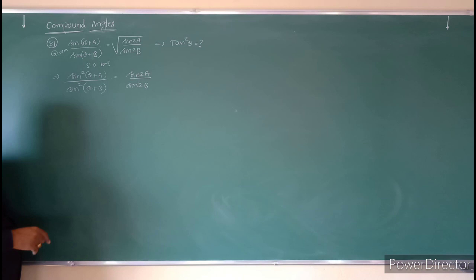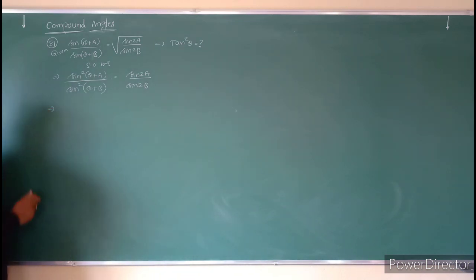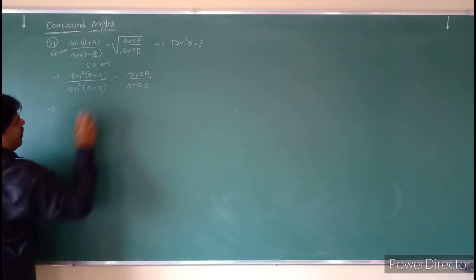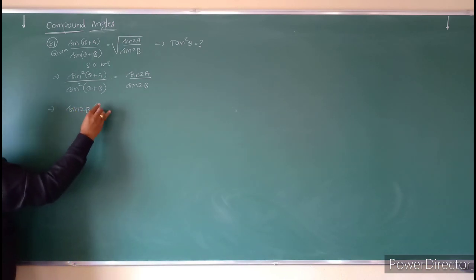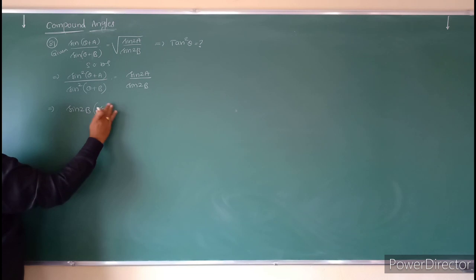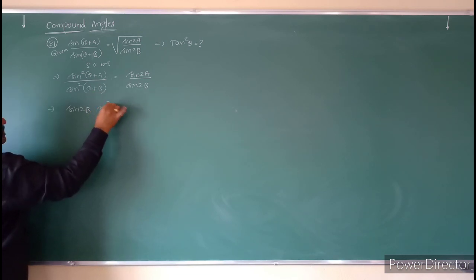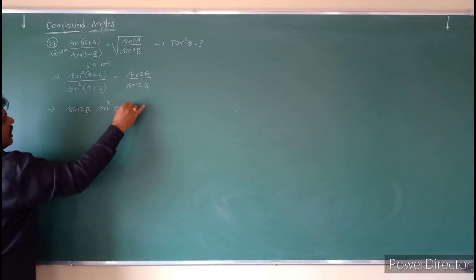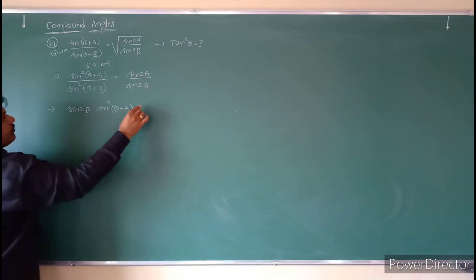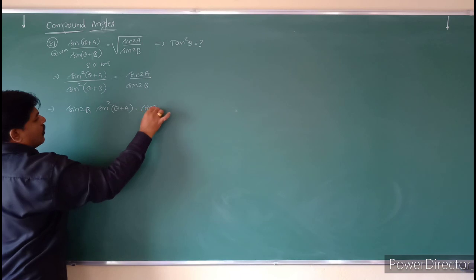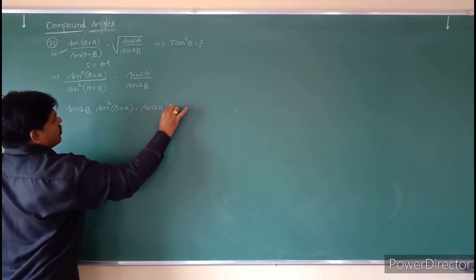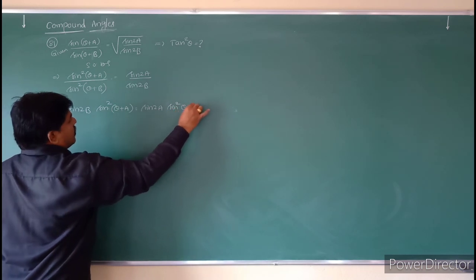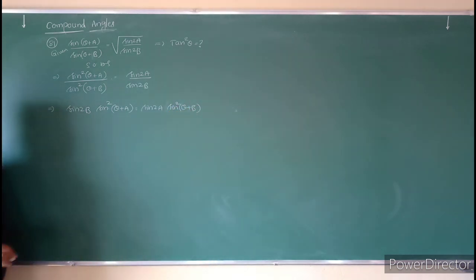That implies, take the cross multiply: sine 2b into sine square of (theta plus a) is equal to sine 2a into sine square of (theta plus b).